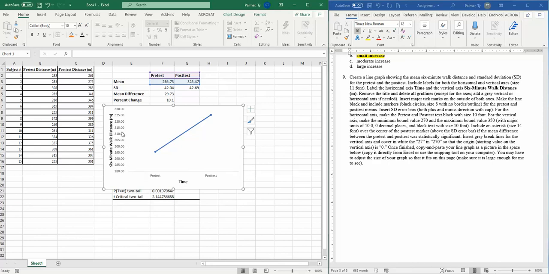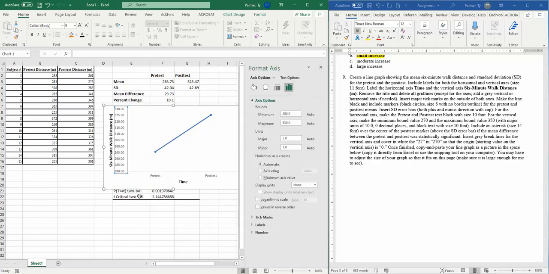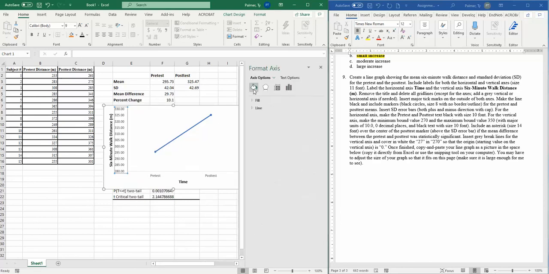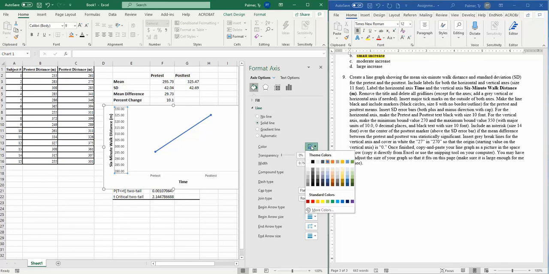To do that, it's fairly simple. Highlight the values on the vertical axis, right click, go to Format Axis, go to Paint Bucket, go to Line, go to Solid Line, and then go to Color, and let's change this to gray. Again, we want to try to make it the same color as our horizontal axis.